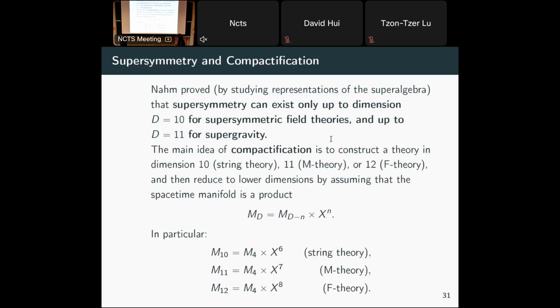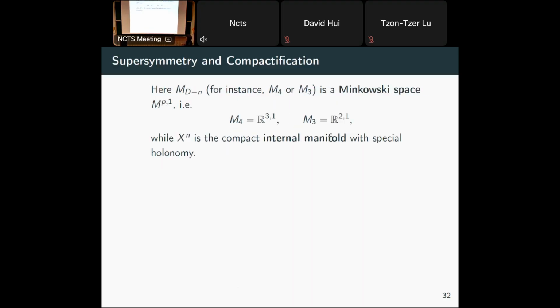And the idea is you have your spacetime, 4 dimensional Minkowski space, and your 10, 11, 12 dimensional theories are nothing but your spacetime times a compact manifold of dimension 6, 7, 8, which you already saw good candidates of: Ricci flat manifolds, Calabi-Yau, G2, and Spin(7), which you know to exist in dimensions 6, 7, and 8.